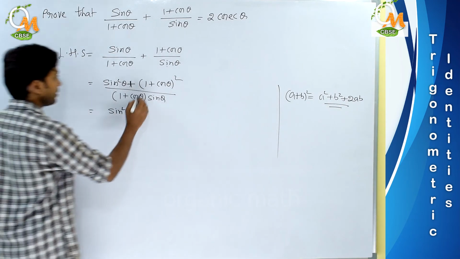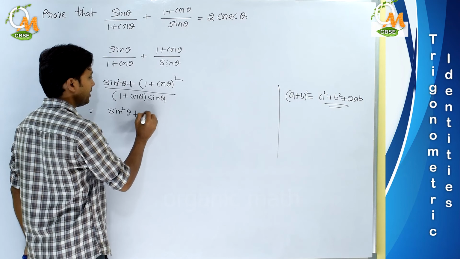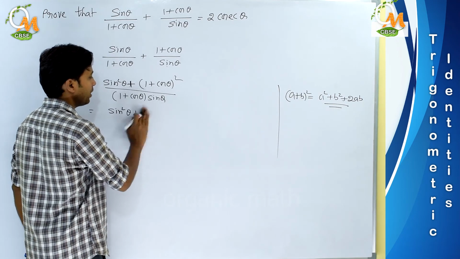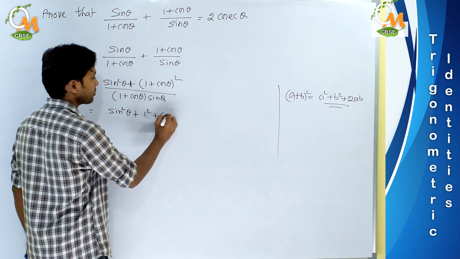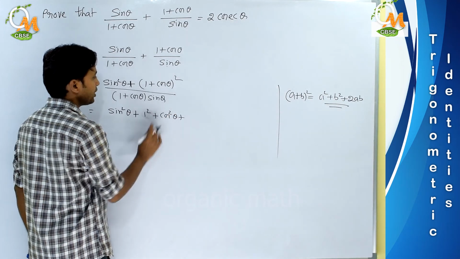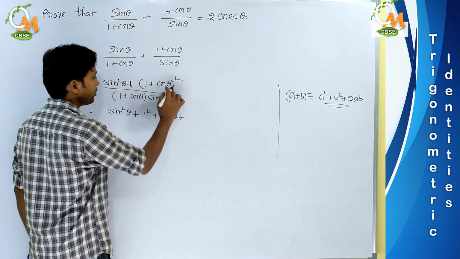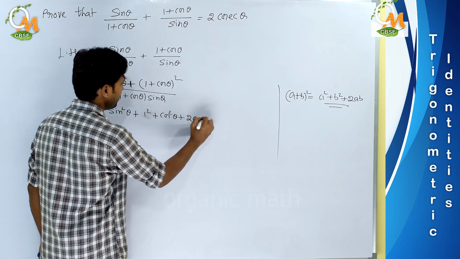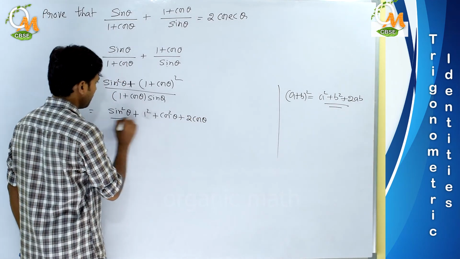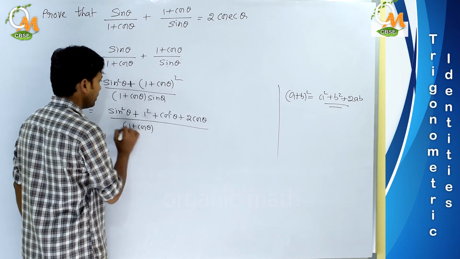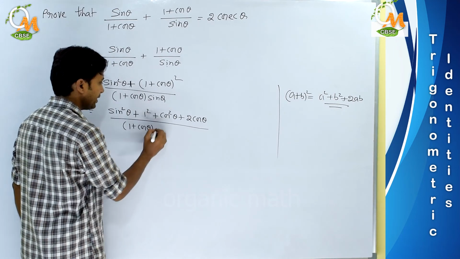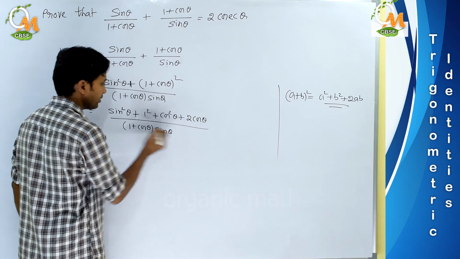Expand it. A square means here 1 square, plus b square means cos square theta, plus 2ab, 2 into 1 into cos theta, that would be 2 cos theta, upon 1 plus cos theta into sin theta. Write it as it is.